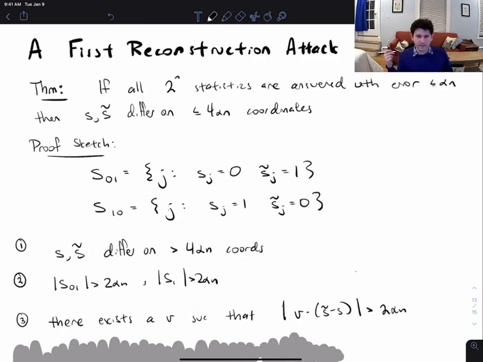And the reason that it's now in absolute value is because last time we only considered S01, but the symmetric case would give you a negative. All right, so there's some query where the correct answer on S tilde is very different from the answer on S itself.